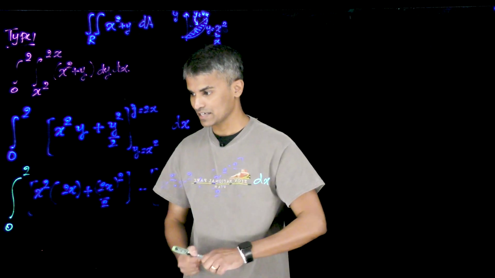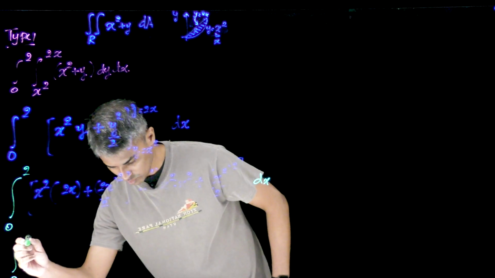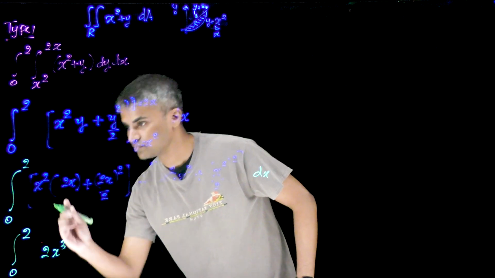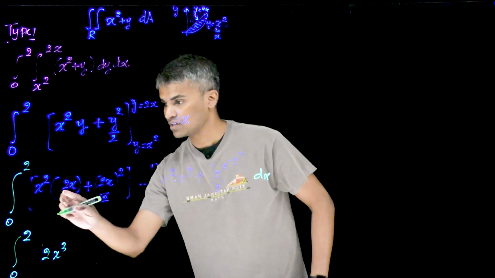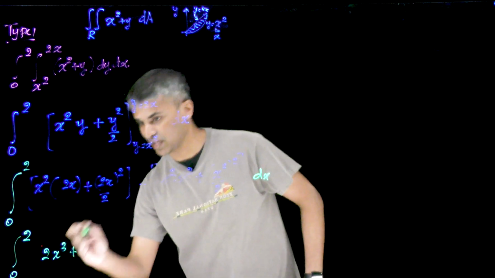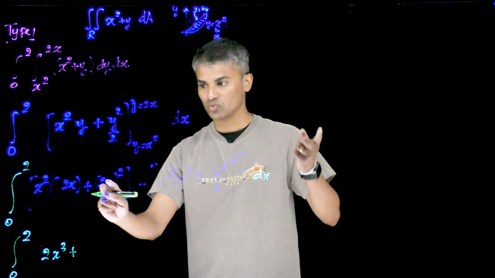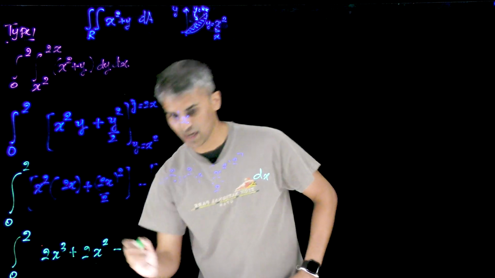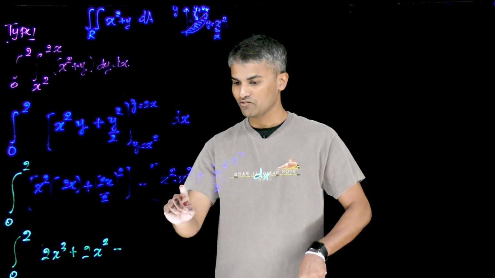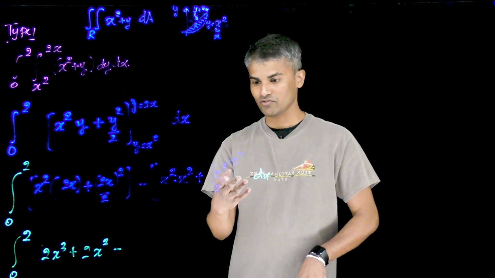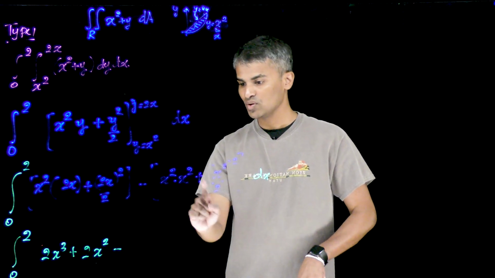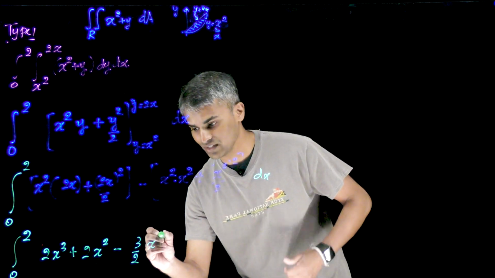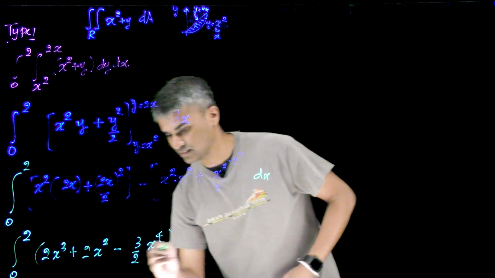If you simplify it, you should get the integral from 0 to 2 of 2x cubed, because if you multiply these two you get 2x cubed, plus if you square 2x you get 4x squared, and 4x squared over 2 is 2x squared, minus x to the power 4 over 2 plus x to the power 4, which gives you 3 over 2 times x to the power 4, then dx.